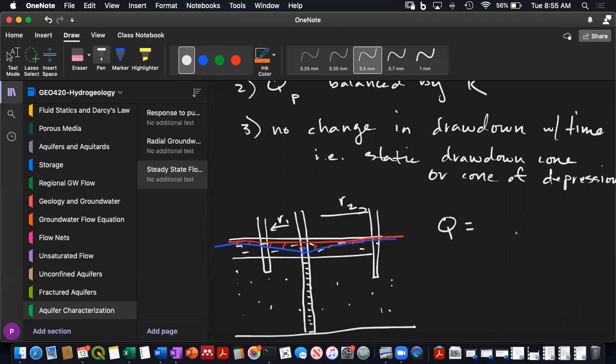What is it? And here, I'm going to say dr, just because that's the radial direction away from the well. Q is equal to negative K A dH/dr.